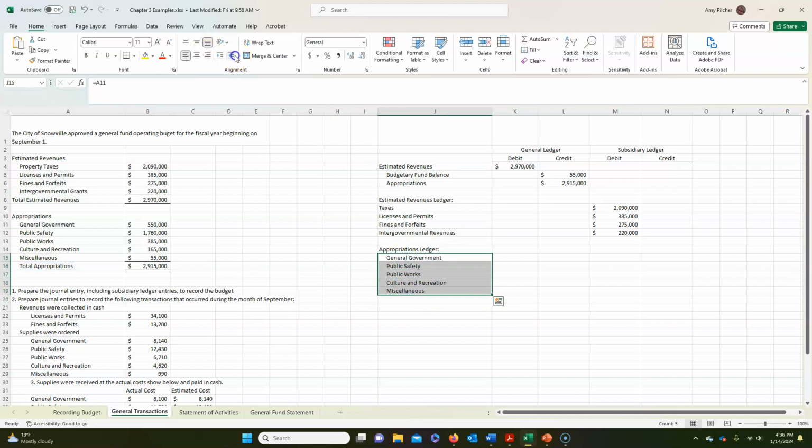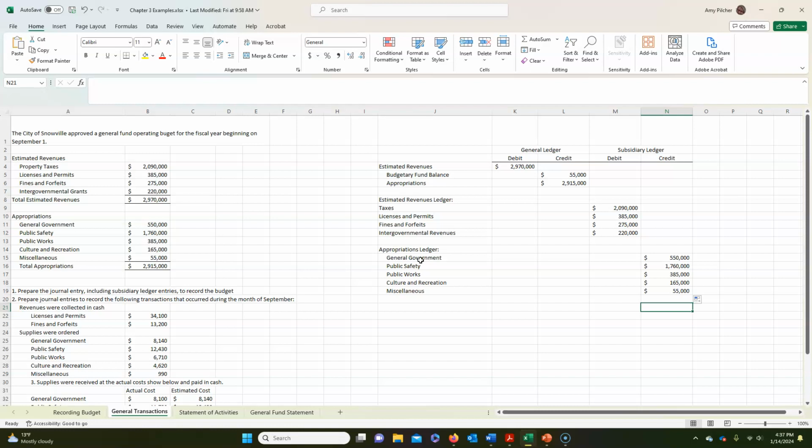These are credited, so I'm going to put them in, and then we have the amounts. Now we have completed number one, prepare the journal entry, including our subsidiary ledgers. We have recorded the budget. So that is what our journal entry looks like.